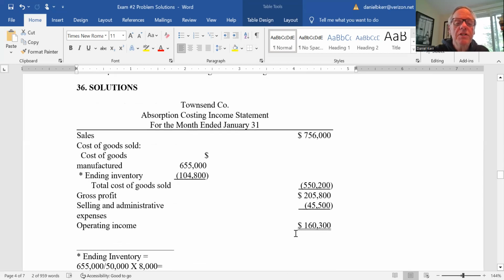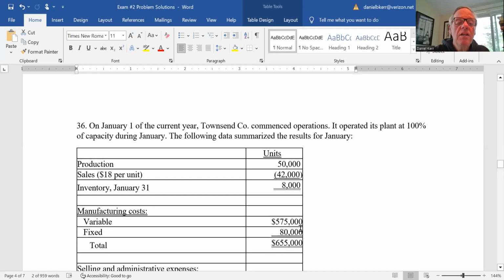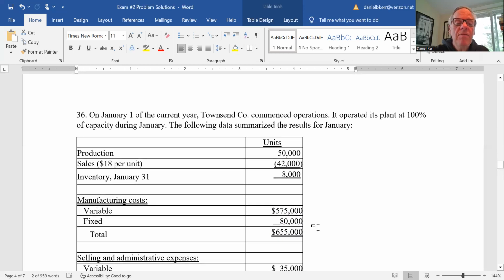And under variable costing, for the ending inventory, you have to take the variable cost of 575,000 divided by 50,000. That's going to give you the variable amount to be included in ending inventory.